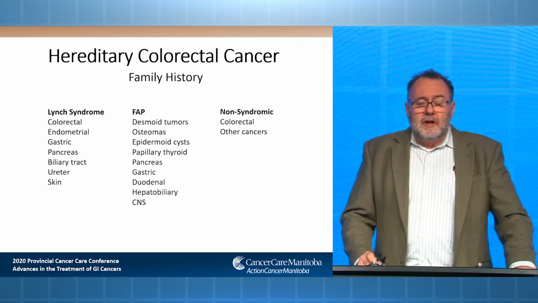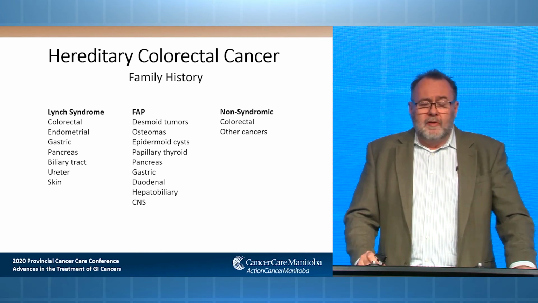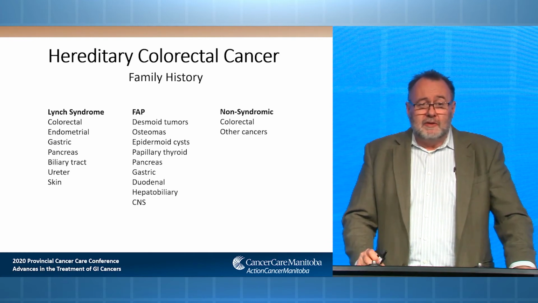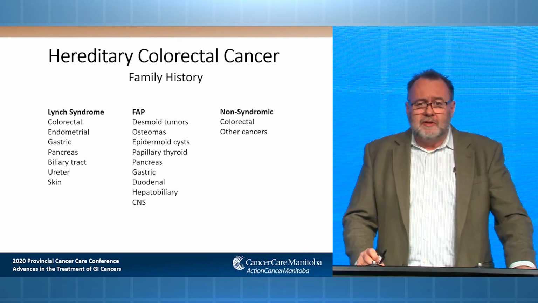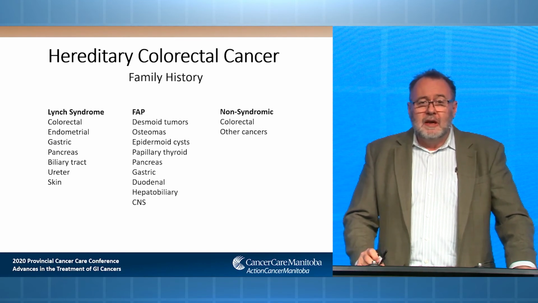So the clinical impact, and one of the most important areas in which hereditary colon cancer affects clinical practice, is in taking the family history. Remembering that many patients who have potentially hereditary colorectal cancer may not necessarily fit into the categories shown here.